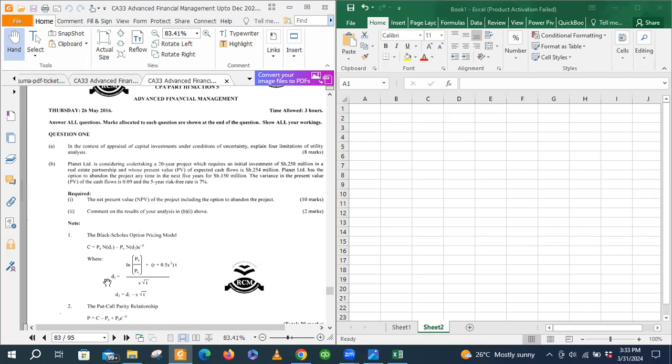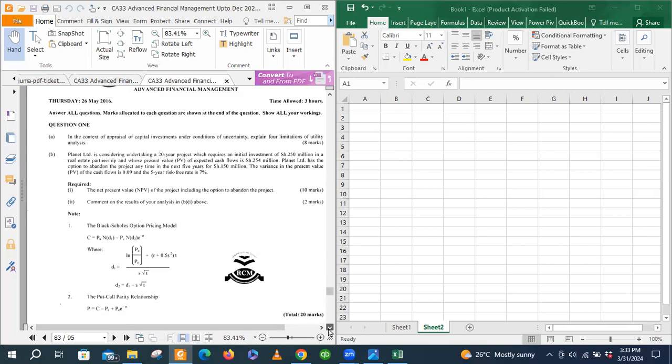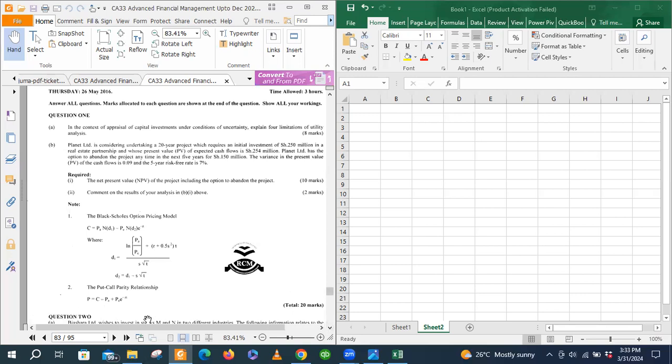Then D2 becomes D1 minus the denominator of D1. Then the put option equals the call option minus the spot price plus exercise price times exponential raised to power RT. Ama exercise price divided by exponential of RT, to avoid this negative.